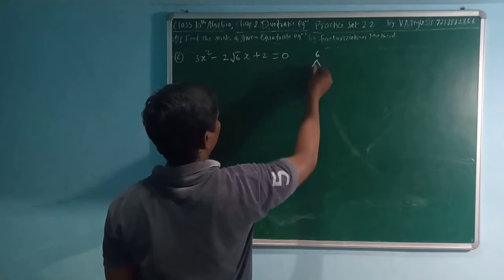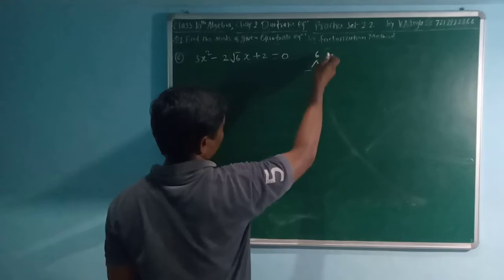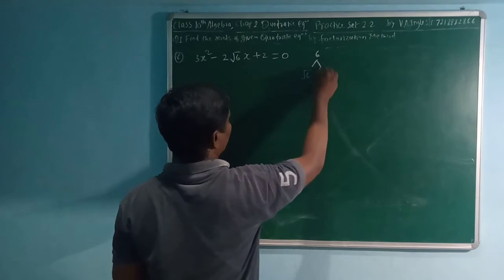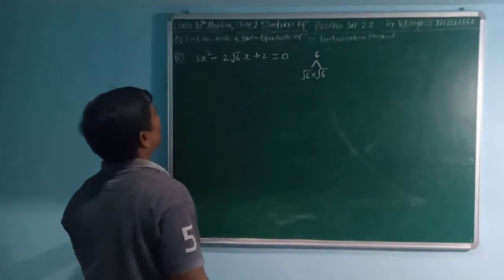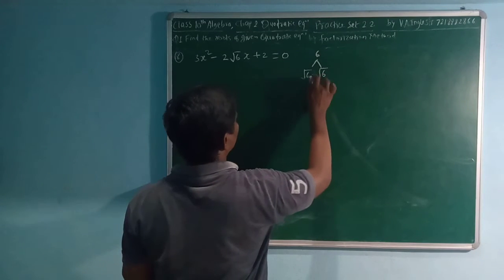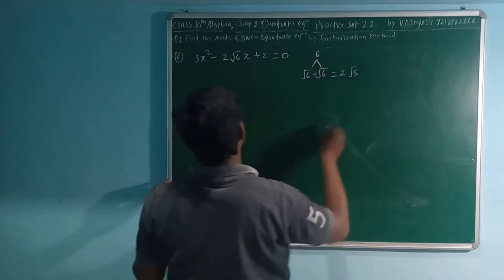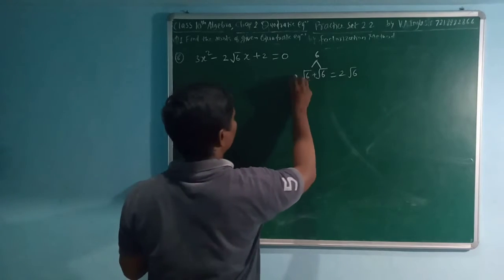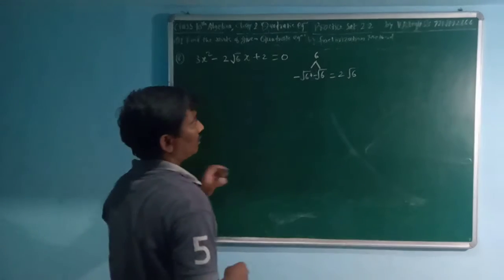So factors of 6 can be root 6 and root 6. So root 6 into root 6 will be 6, and if you add these two you will get 2 root 6, but we want minus 2 root 6, so we'll have minus sign for both.